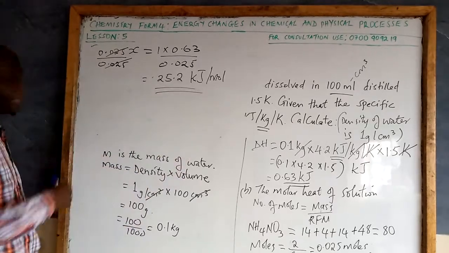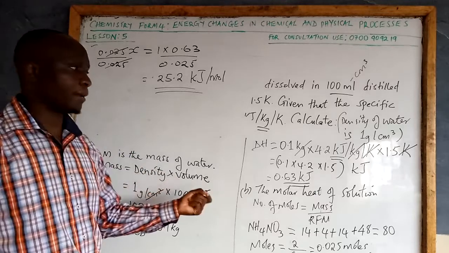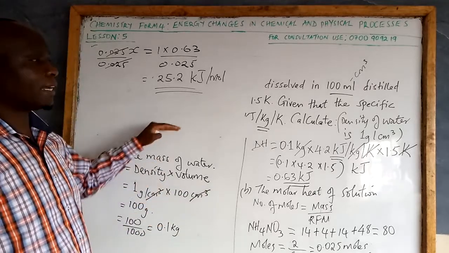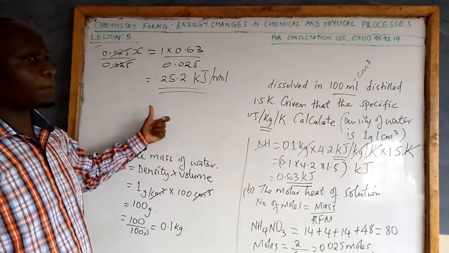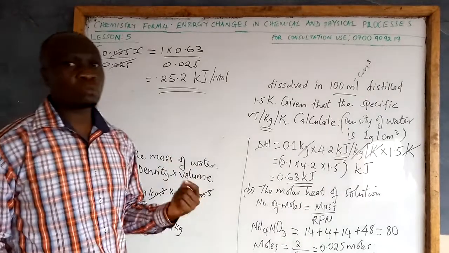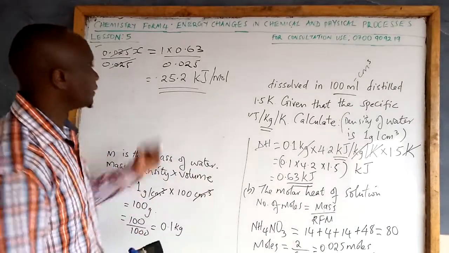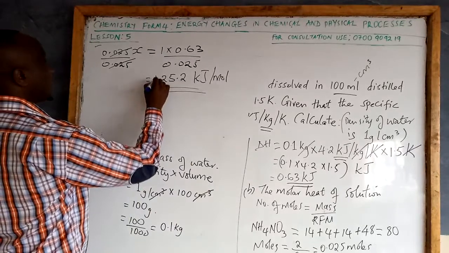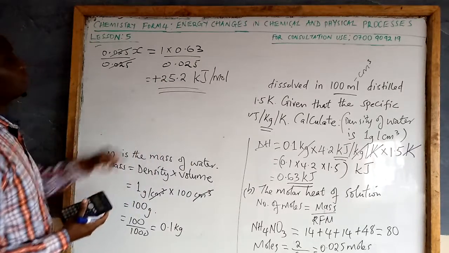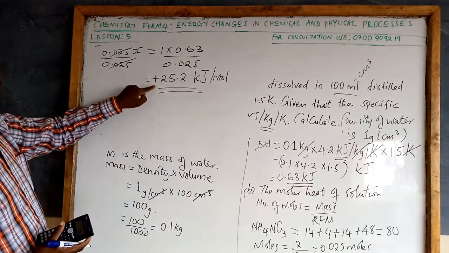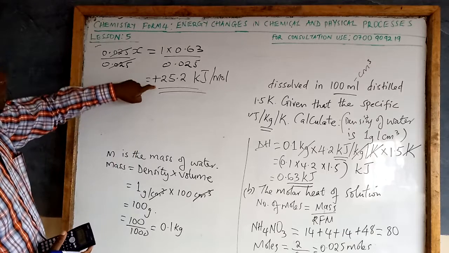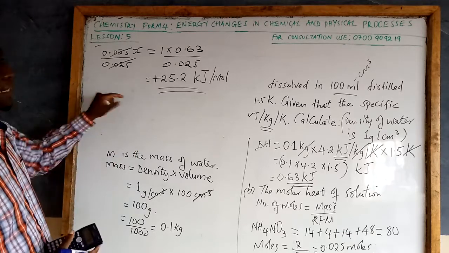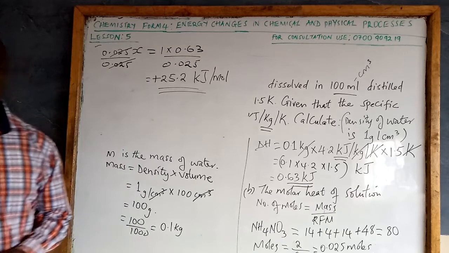And for molar heat, you have to indicate the sign. We have seen that here the temperature dropped. If the temperature dropped, it means the reaction was endothermic. For an endothermic reaction, we assign a positive sign. So this plus sign indicates that the reaction was endothermic, meaning heat was absorbed. That is why the temperature dropped.